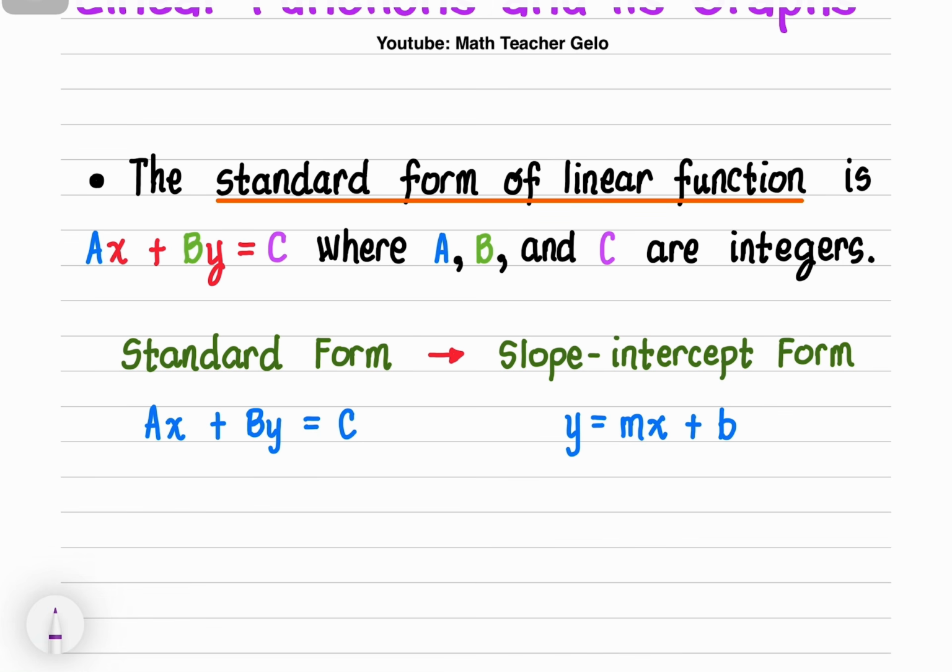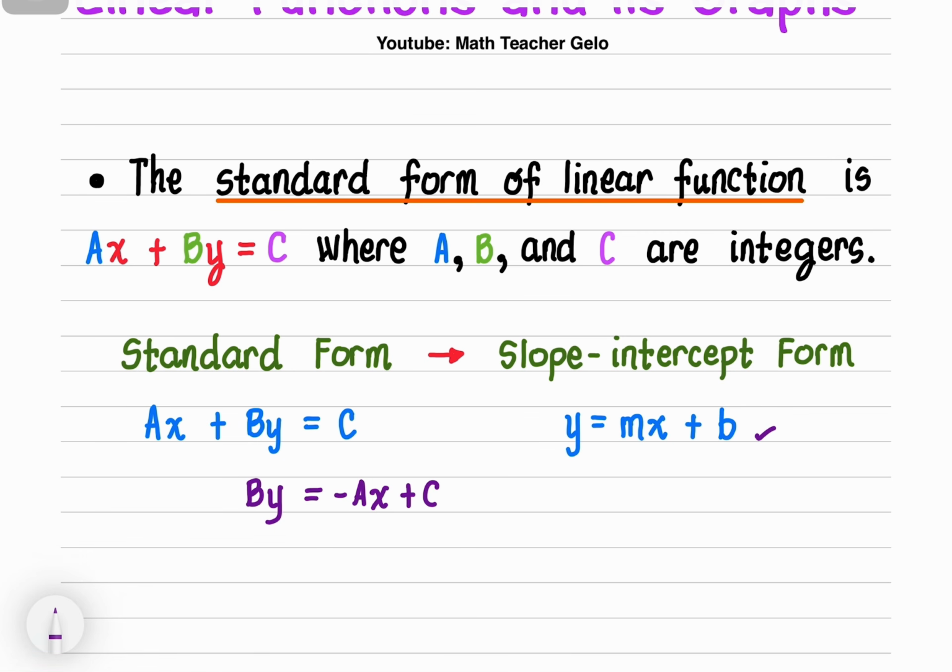So, from standard, since we have y, this is by equals, yung ating ax, ito transpose natin, it will become negative ax plus c. Okay? So, guys, ang goal natin, chine-change natin or kina-convert natin yung standard form to slope-intercept form. Okay? Sa ganitong form.